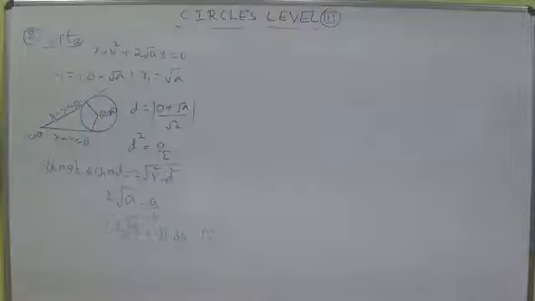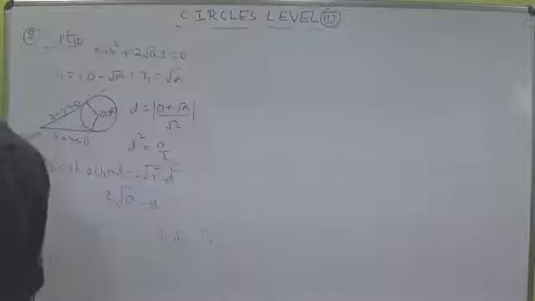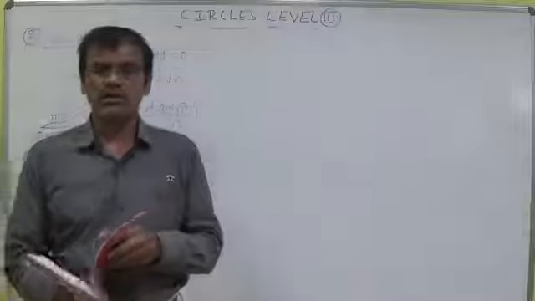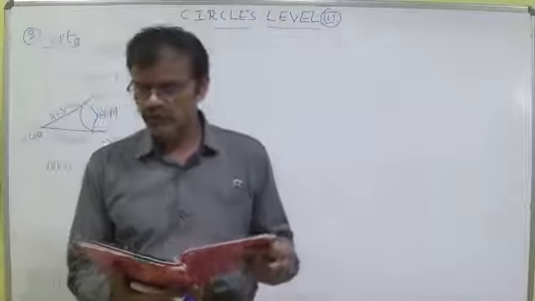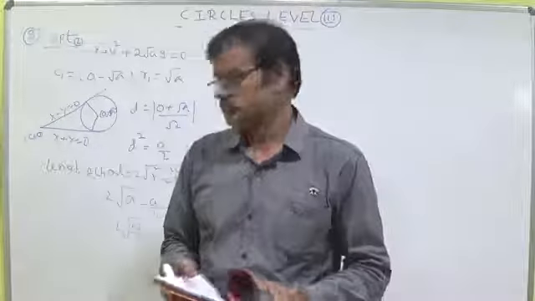The r value is here. Let us verify once again. Root 2 a x is there. According to formula, minus g comma minus f is there. So root 2a by 2.